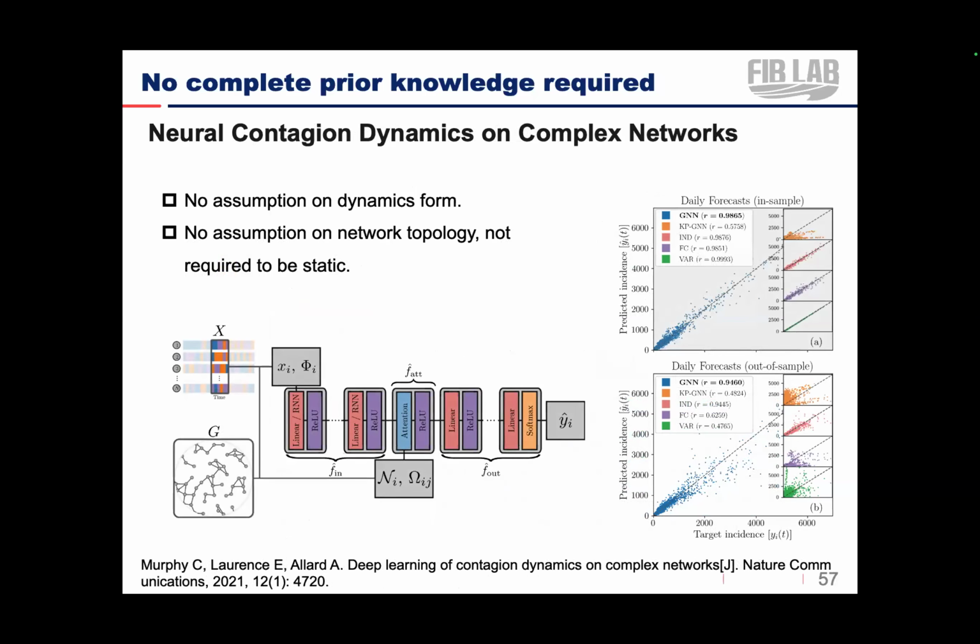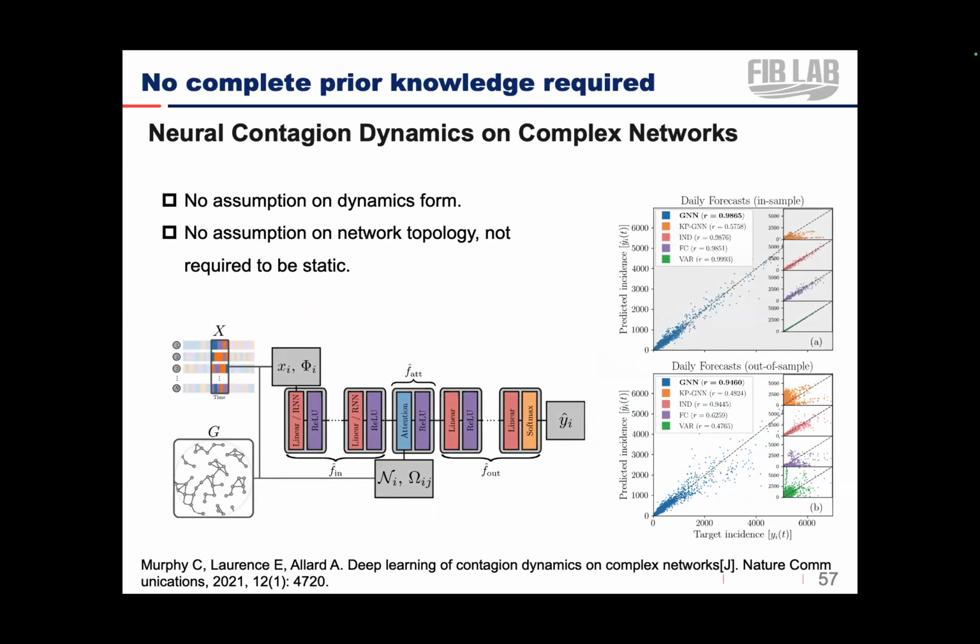Another work about learning neural contingent dynamics takes a further step. It employs observed time series and the topology of the network to learn the contingent dynamics to simulate disease spread without assuming any specific model.